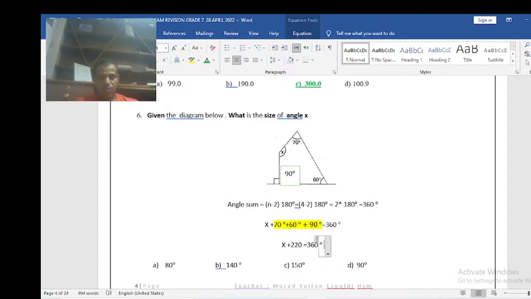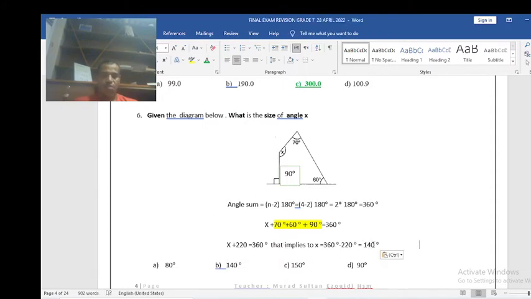That implies x equals 360 minus 220 degrees, which is equal to 140 degrees. Clear? So the correct answer, learners, is that.